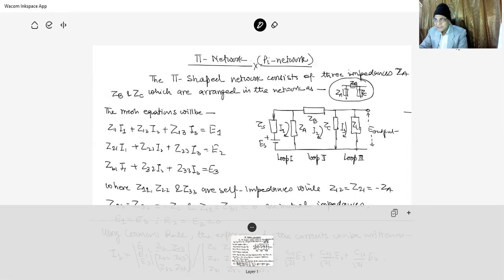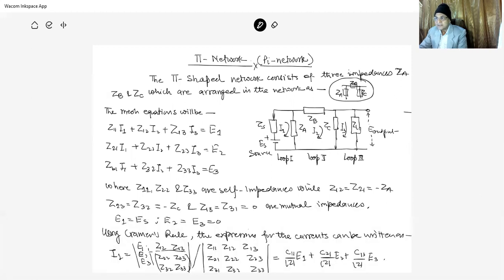ZA, ZB, and ZC constitute the pi-like shape, and Z1 is connected to the source. This one is a source ES, and the source impedance is ZS. And here ZC is in parallel with the ZL, and this is the load. Through the ZL we can find out E output, that is the output of the load.